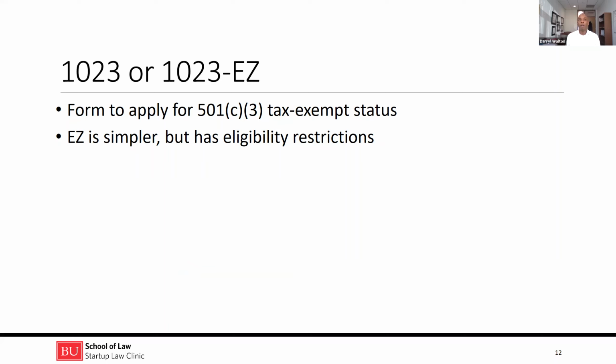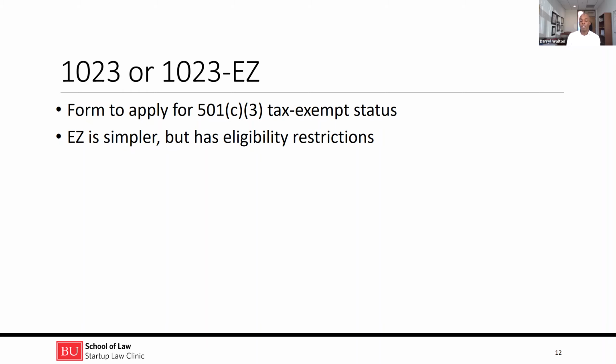By itself, it is a 10-page document, and that doesn't include any of the schedules you might have to fill out if you fall into certain categories, or if certain activities you do require additional information. The IRS was finding that this was taking on average 9 hours for people to complete. That's a long time. And then the turnaround time was causing the IRS to take potentially up to a year or more to approve these statuses.